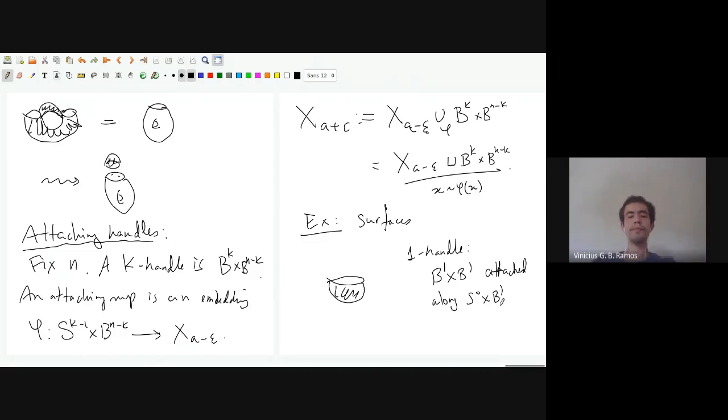So I have to find an S^0 times B^1 on the boundary of my surface. So here's my S^0 times B^1. And now I glue my B^1 times B^1 along that. This is it, and then I have to smoothen the corners.